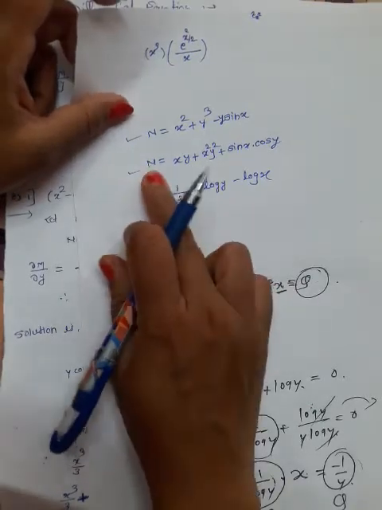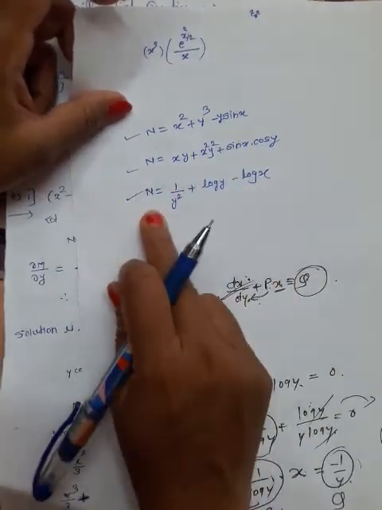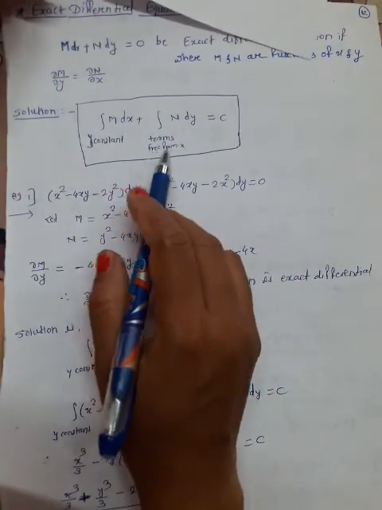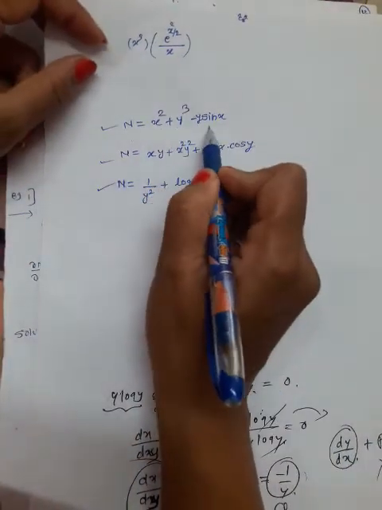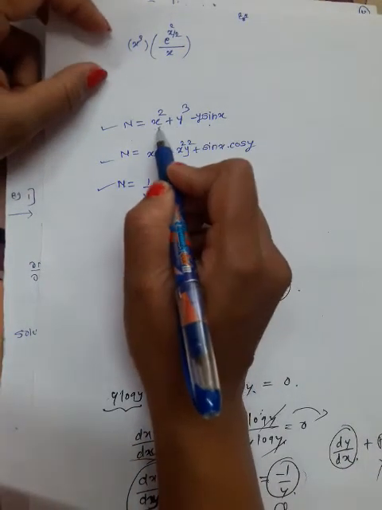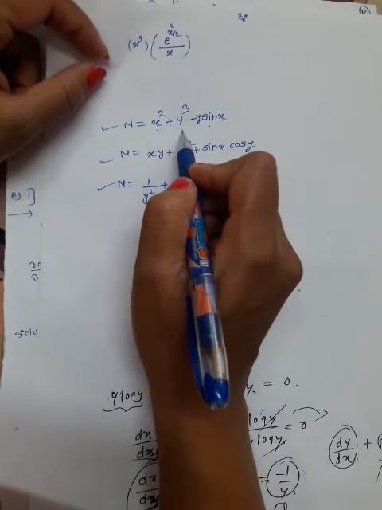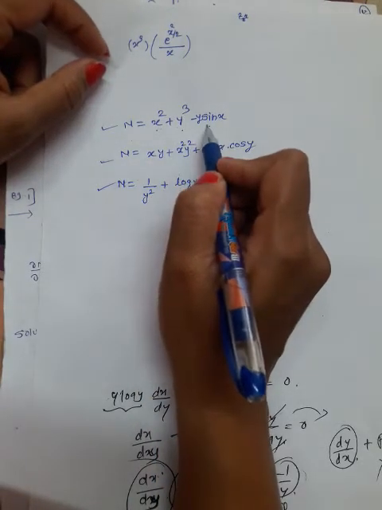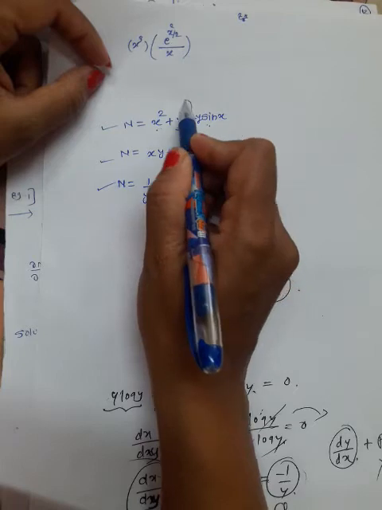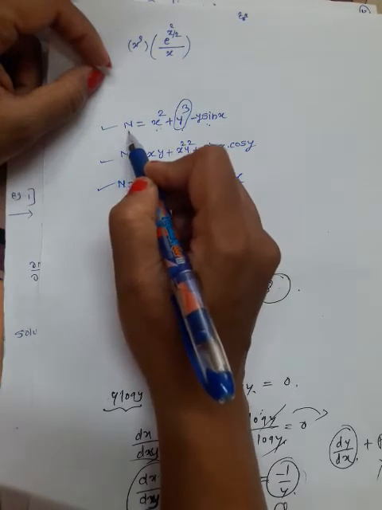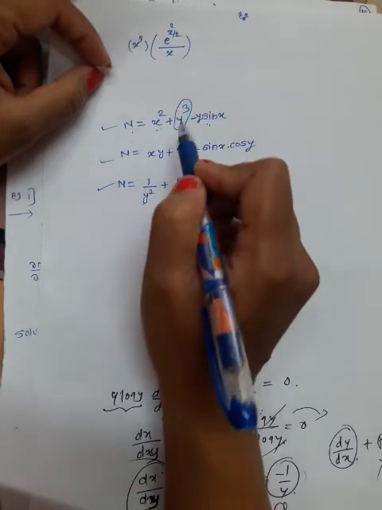This is the second example where N is this. This is the third example where N is this. Now we have to see the meaning of terms of N free from x. There are three terms here. This term contains x, this term doesn't contain x, this term again contains x. This is the only term in this example of N which is free from x.